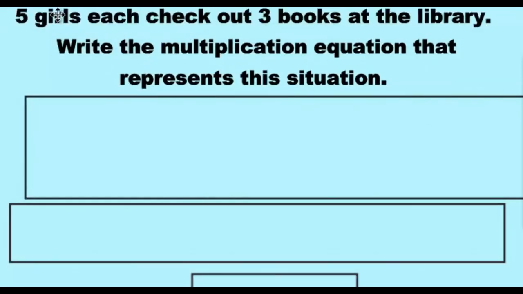All right, assuming you did that, it says... All right, let's do this together. So it says 5 girls each check out 3 books at the library. Write the multiplication equation that represents this situation. Okay? So, how many girls?